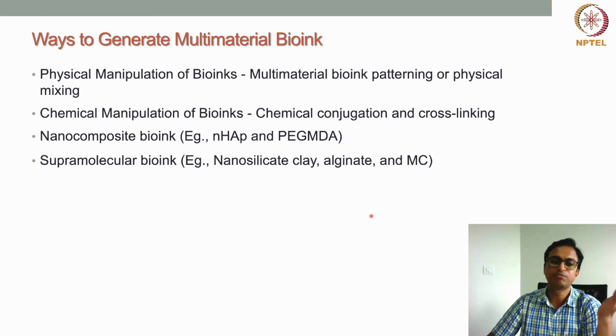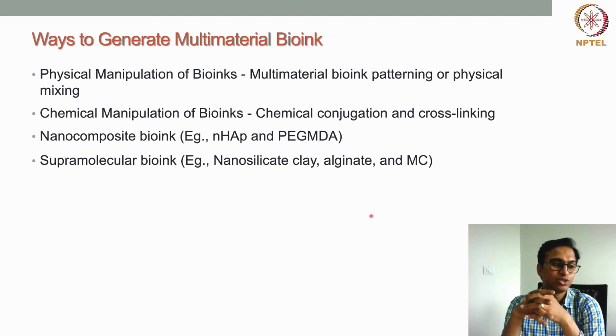There are other types of bioink that are also gaining popularity because of their inherent advantages, like nanocomposite bioink. Nanocomposite bioink is when, in the hydrogel system or in the polymer solution, we incorporate nanostructures, either nanoparticles, nanofibers, nanocapsules, or different nanostructures.